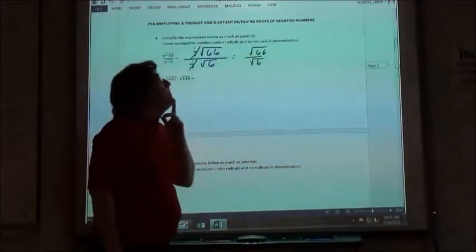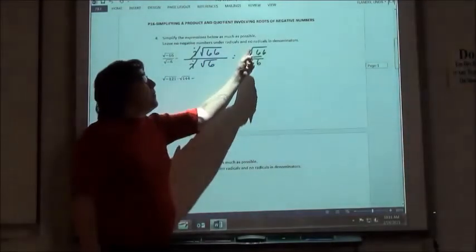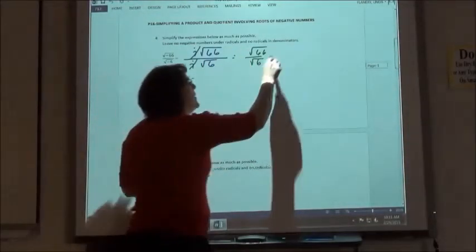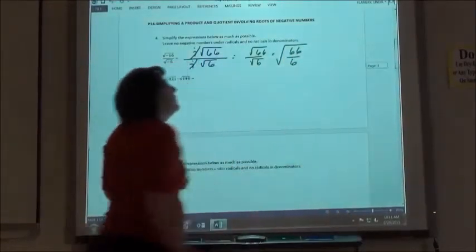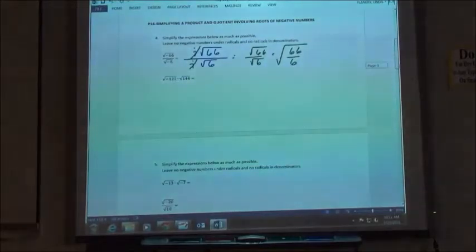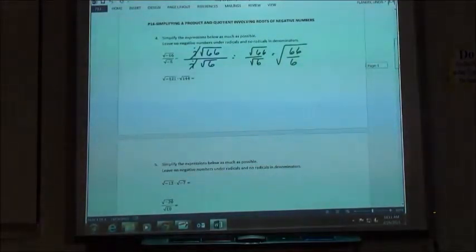Since these are both under the square root, I can rewrite it as one fraction: square root of 66 over 6, right? Because they're both under the square root. If one is under the square root and the other is not, I can't do that. But since they are both under the square root, I can just make it one square root.